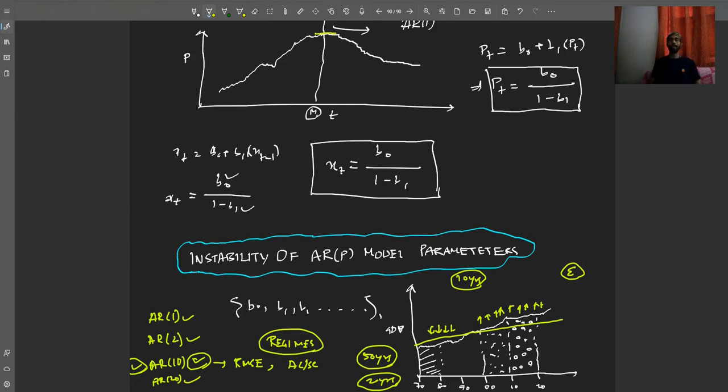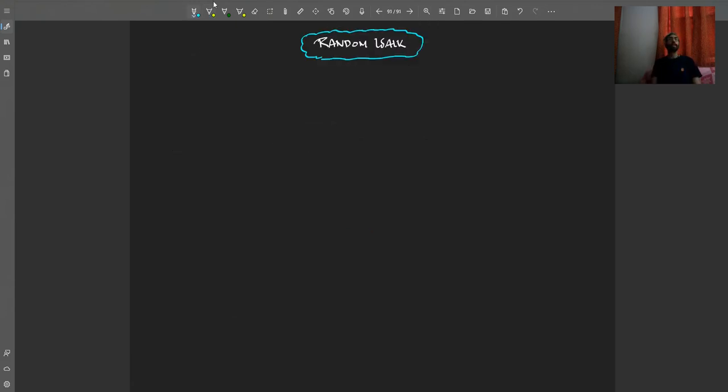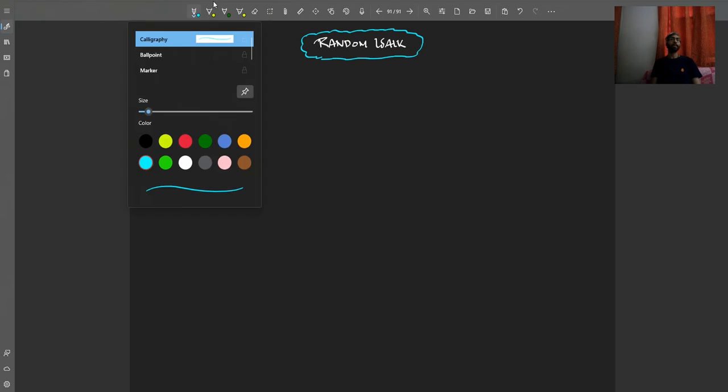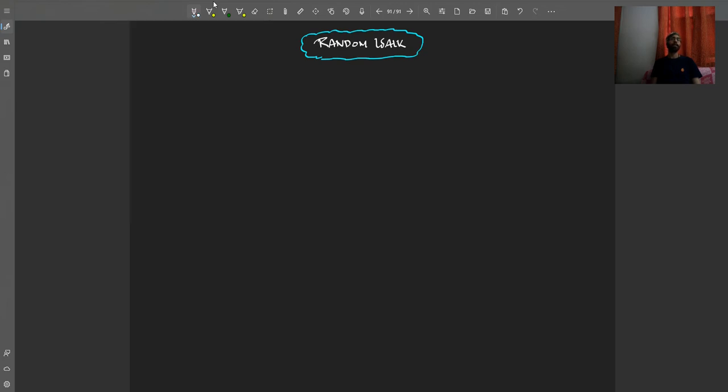Now friends, we'll look at a special case of the autoregressive model which is called a random walk. So friends, a random walk basically means a variable is moving randomly without any predictability towards it. So if this has to happen in terms of timeline, it can be represented like this: xt is equal to xt minus 1 plus an unpredictable error.